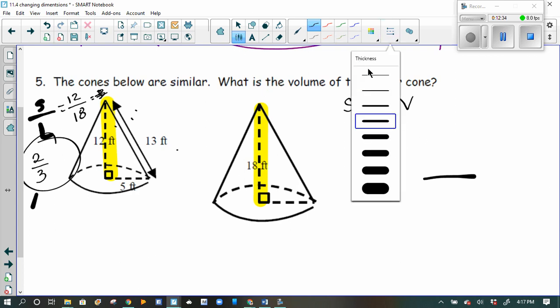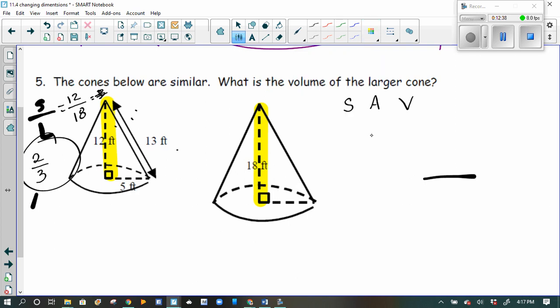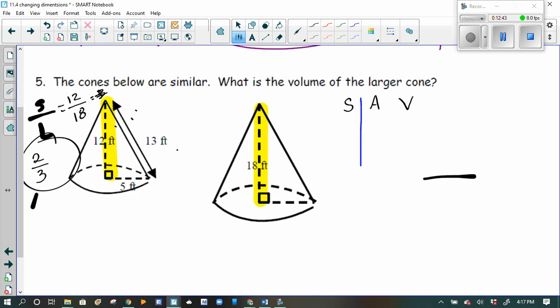If my scale factor is 2/3, then this is going to be 4/9, and this is going to be 8/27.